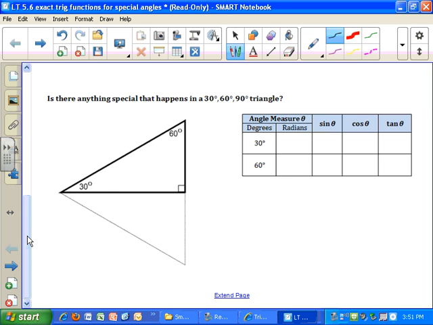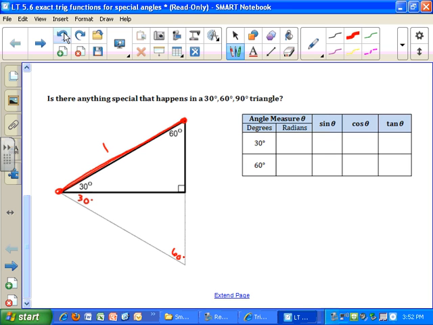I've got the mirror image drawn up here for a reason. If we're using this as our radius, we want to treat that as 1 because we're on the unit circle. That would mean that with the mirror image, I've got a 60-degree angle down here, and a 30-degree angle down here, and that bigger triangle is an equilateral triangle.